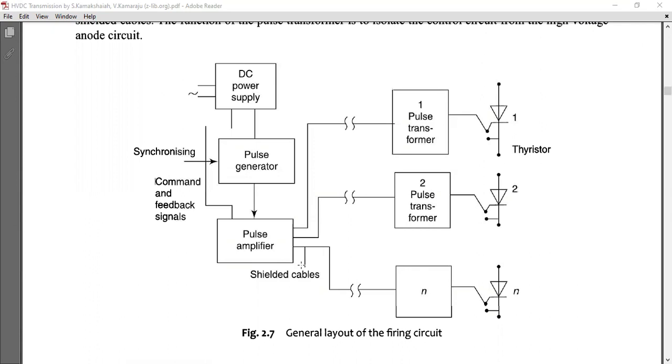It is considered the fast process, the most commonly employed process for turning on the SCR. The gate control circuits, which we give to the gate, are called firing or triggering circuits.